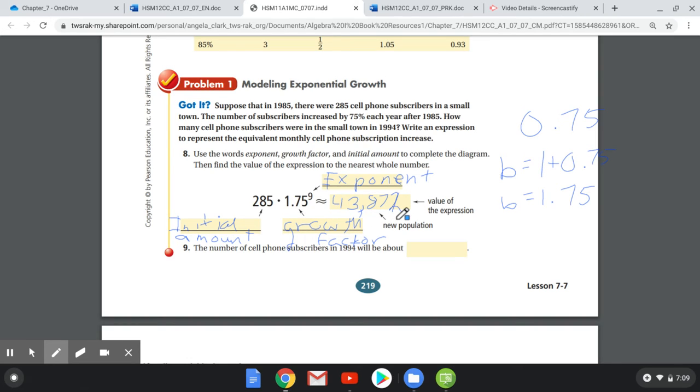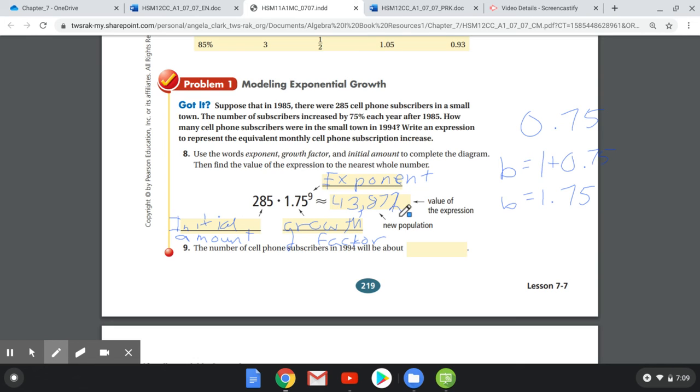All right. So that's the number of people who have cell phone subscriptions in 1994. Notice this went up a lot. A 75% increase is huge, and it happened 9 times, so that's a very big increase.